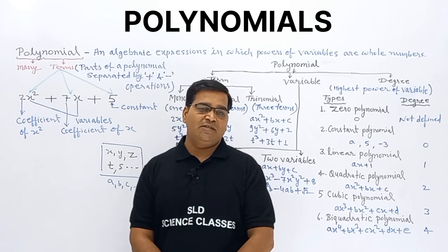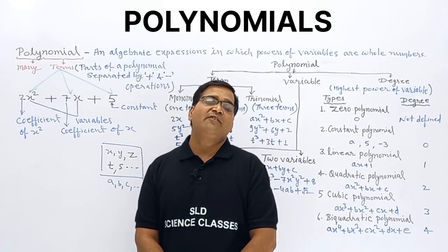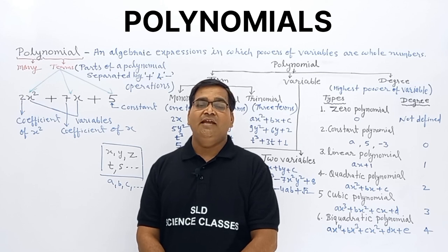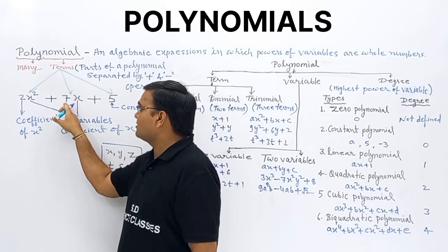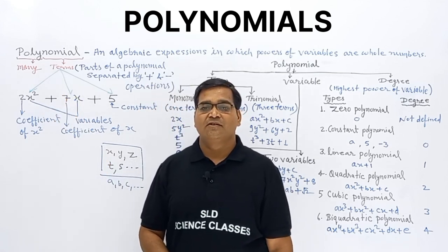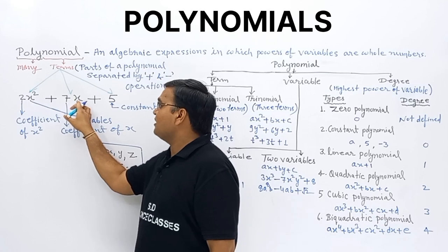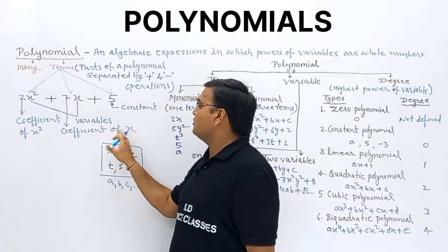Now next one is the coefficient. What about the coefficient? In front of variables we have some constant. Like this, this is x, in front of this we have 7, and this is called the coefficient. So what is the coefficient of x? 7. 7 is the coefficient of x.